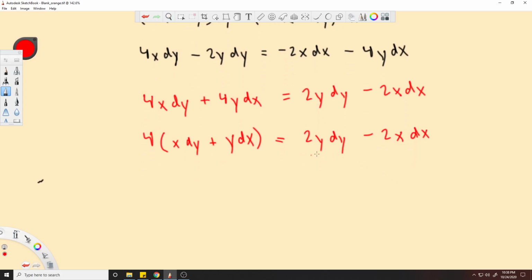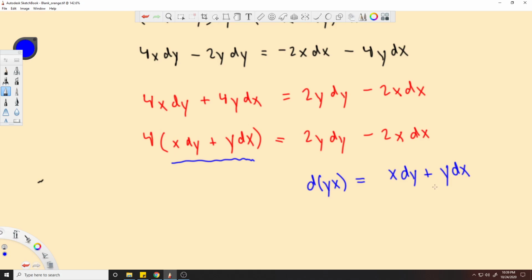Okay, so now I'll change colors again. Hopefully I'm not changing colors too much. I'm still trying to get used to that. This is an identity of calculus where d(xy) is equal to x dy plus y dx.